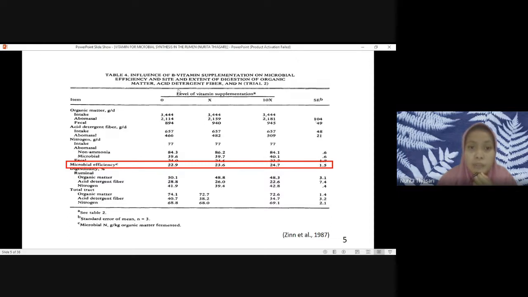Especially, I would like to show the effect of the B vitamin on the microbial efficiency. Even in here, this is not significant, but we can see with the addition of the B vitamin, there is increasing of the microbial efficiency.